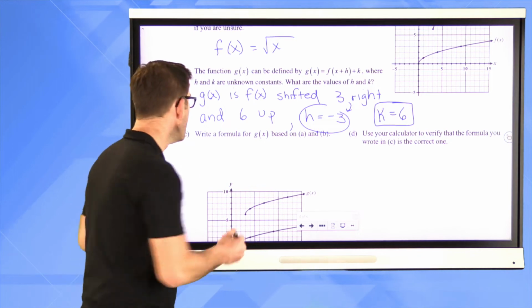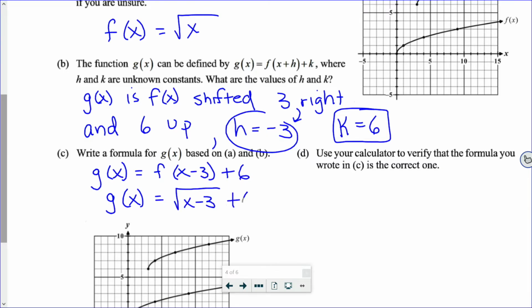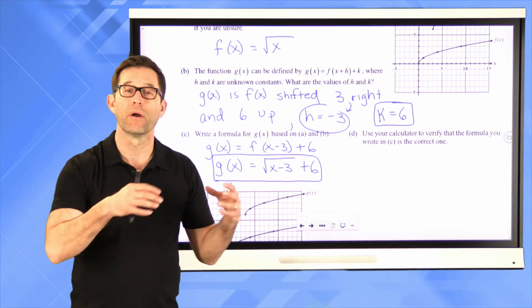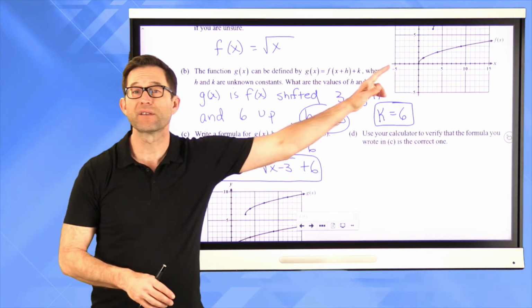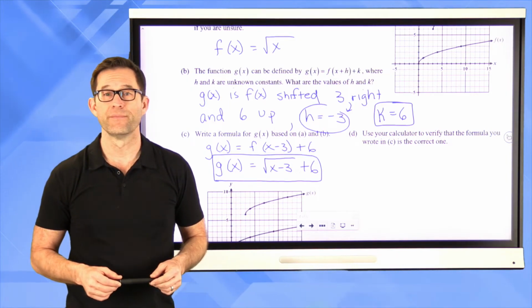All right, well, since g of x equals f of x minus 3 plus 6, then we can say that g of x is the square root of x minus 3, plus 6. And we have just built the formula of a more complex function based on a more simple function.